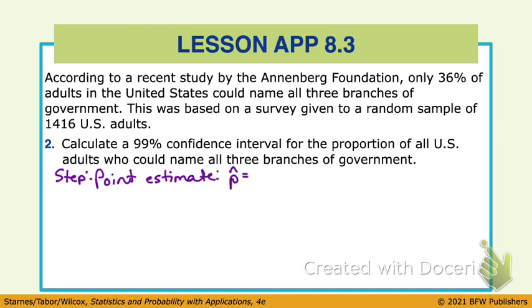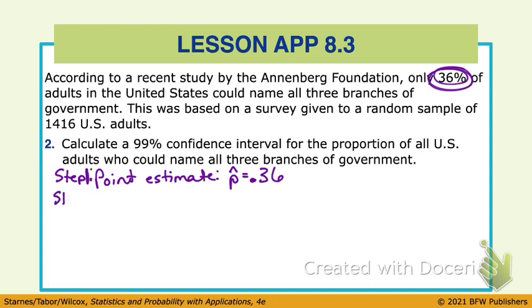And in here, it says that in a recent study, 36% of the adults in the U.S. could name, and that is based on that random sample. So p-hat would be 0.36. So that's my point estimate. That's going to be the middle of my interval.